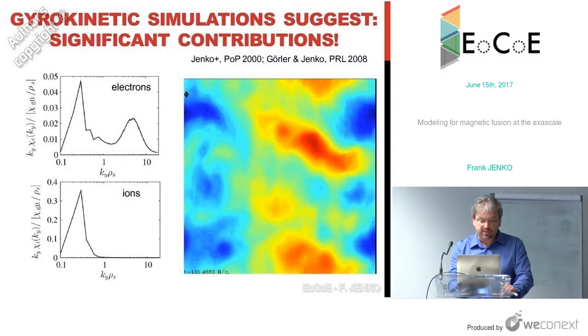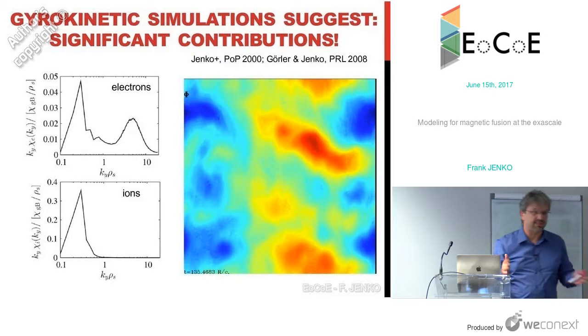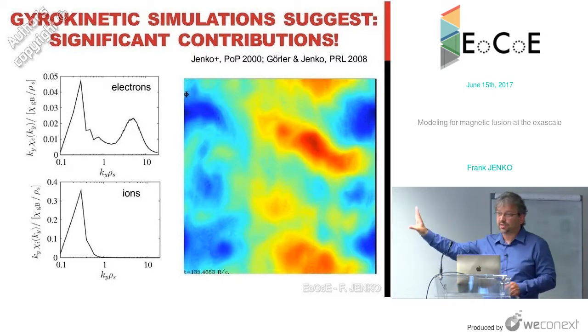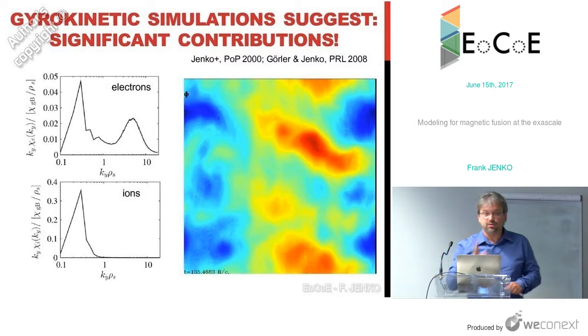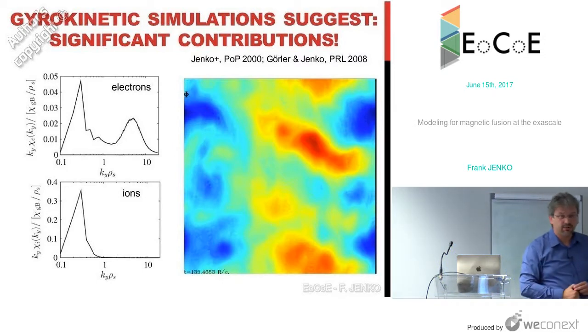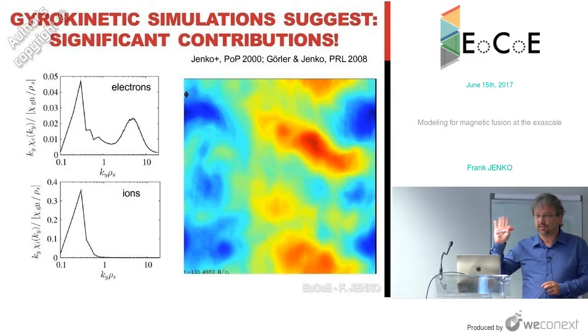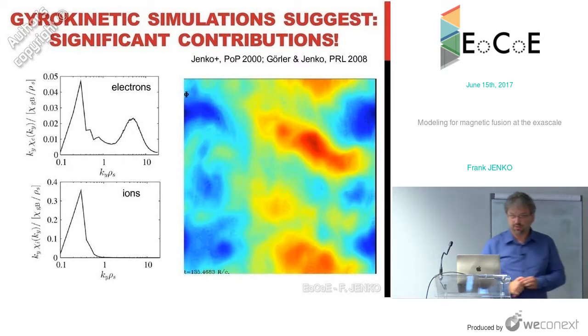This peak is on the ion scales that were always on people's map, but there's a second peak here for the electron heat flux on much smaller scales, and these were neglected in the past, and now we know we need to include them. So this was the prediction about 2000, 2002, and I can tell you that several years later, people found ample evidence in various experiments that this transport channel is actually active. It needs to be considered in future experiments.